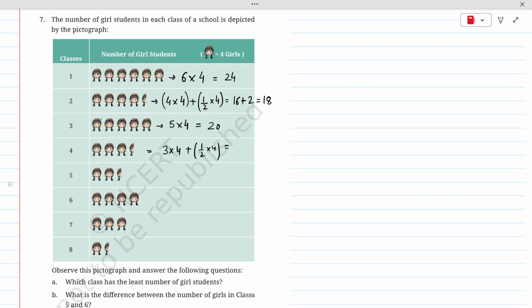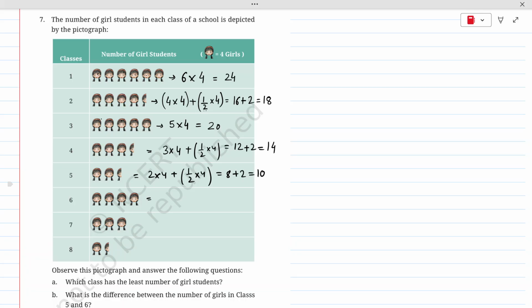This is 12 plus 2, which is 14, right? Next one, we have 2 and a half. 2 and a half is 2 multiplied by 4 and then half of 4. This is 8 plus 2, which will give us 10. So there are 10 girls in class 5.